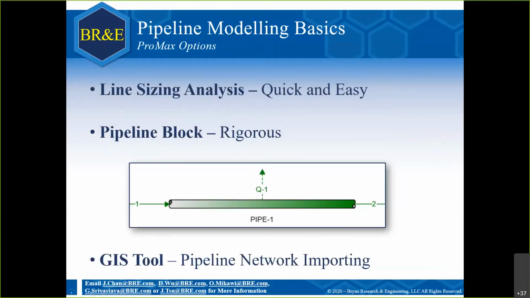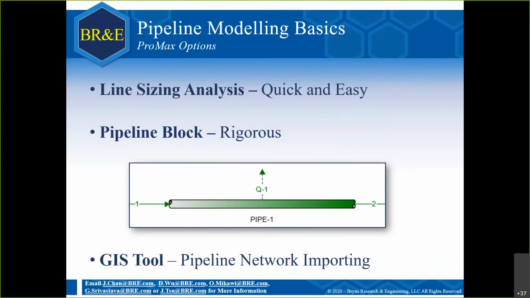ProMax can do all of these things, and we have three main tools to help you do that. We have a quick and easy line sizing analysis tool that requires minimal inputs, and that will give you valuable information in about 10 seconds. A more rigorous pipeline block that deals with heat loss calculations, phase changes, etc. We also have that available here.